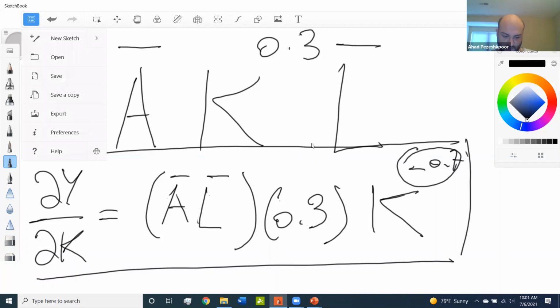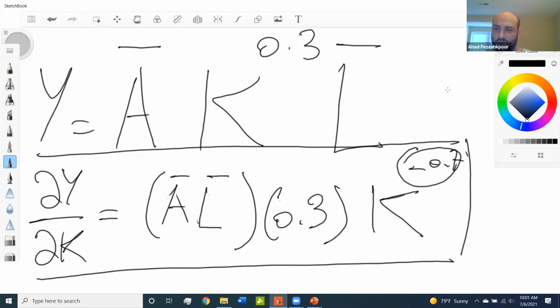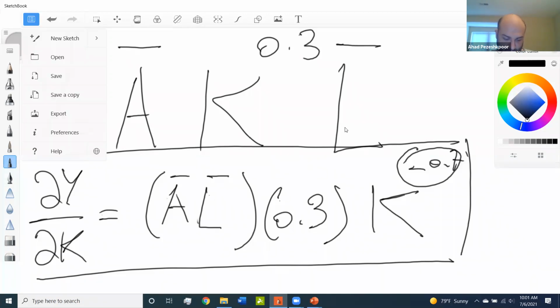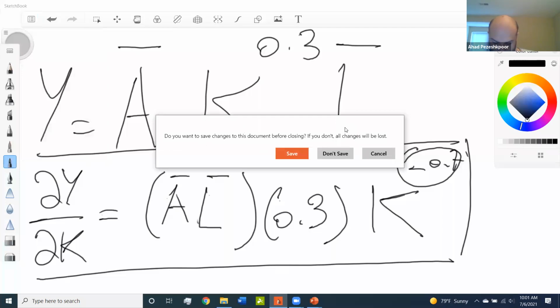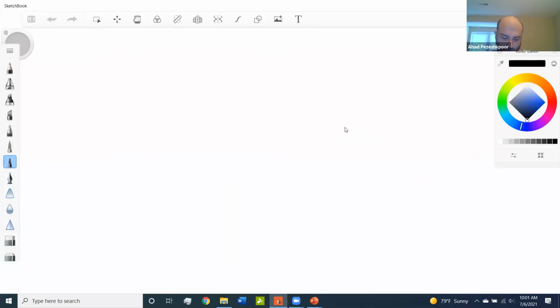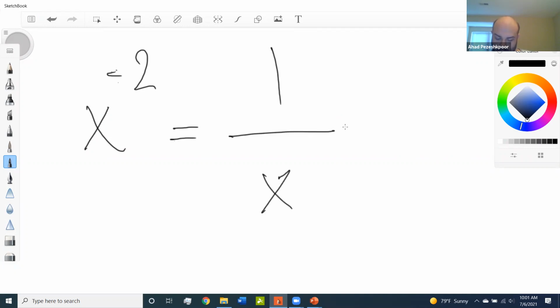These two are the same. X power minus 2 is equal to 1 over x power 2. A minus power is the same as a power when it's on the denominator.